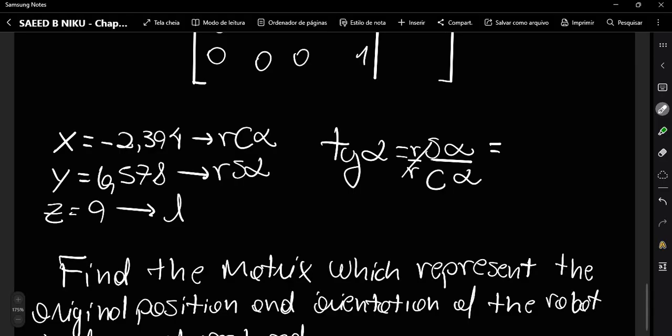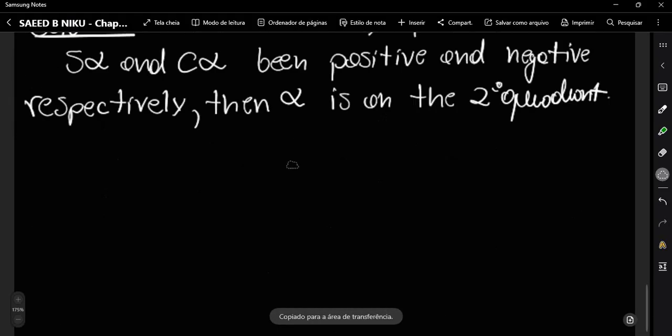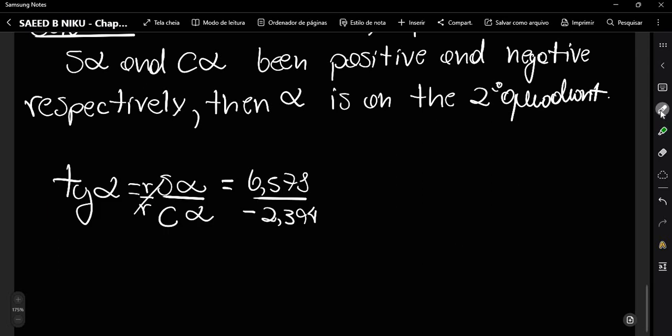So it is 6.578 divided by minus... okay, let me copy this. And this is equal to minus 2.748.